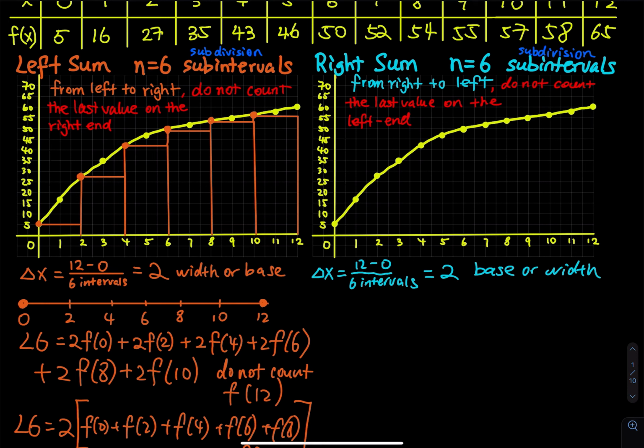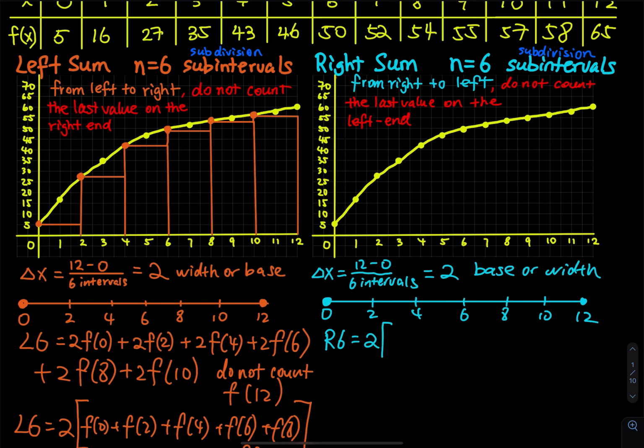And then the interval, so we go from 0 all the way to 12, right? So 0 plus 2, 2 plus 2, 4 plus 2, 6 plus 2, 8 plus 2, and then 10 plus 2, we stop at 12. And then please count that we have 6 subintervals, right? Do you see that? And then for the R6, we will be taking the delta x, which is 2, times the sum.